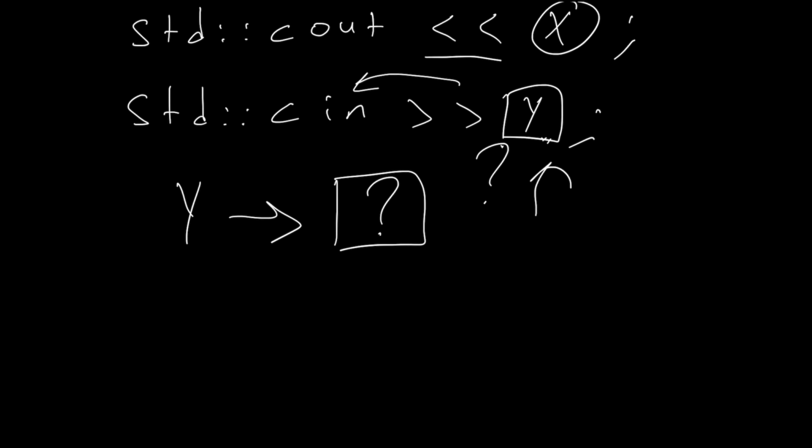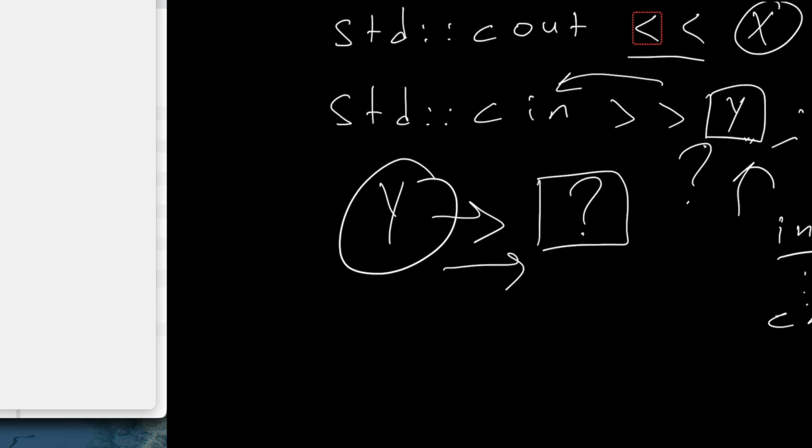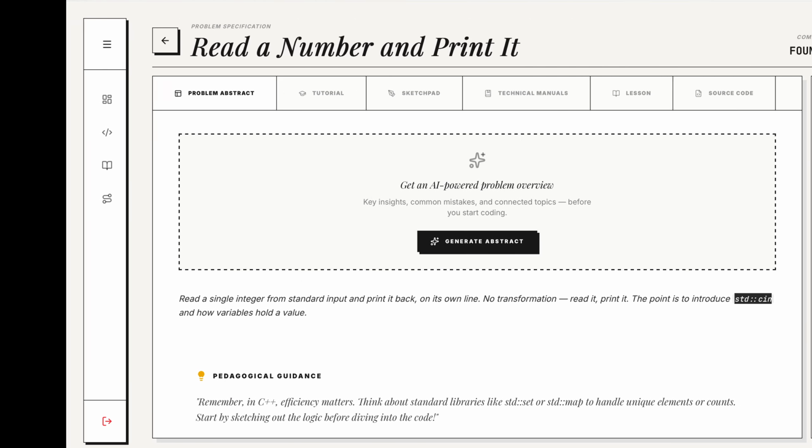You might be thinking: what about the types? Before that, we have to say if it is going to be an integer y; if it is going to be a string, we have to use character or char, and so on. After that, it will know which type it is, and it will assign it from the terminal. So let's go back and continue.